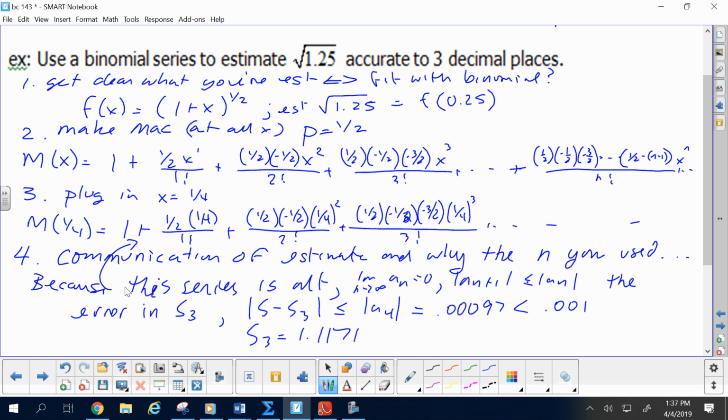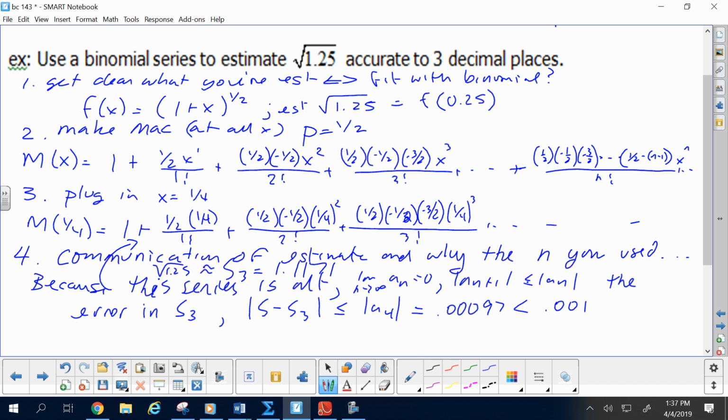Would it read better if you gave the estimate first? I wish you could do that, but I guess the best case would have been: the square root of 1.25 is approximately S3, 1.1171, and then why I've used S3 is the following.